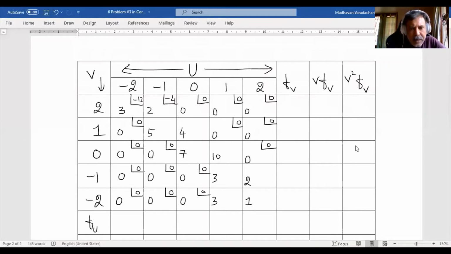Right. Rest we will calculate here. -1 into 1, which is -1. -1 into 5 is -5. Here u is 0, so this entire column should be 0, I mean inside the boxes. Because one element is 0 means the result will be 0. Similarly, if you look into this row, it is having v as 0, that means whatever I am writing in the boxes, that should be 0.